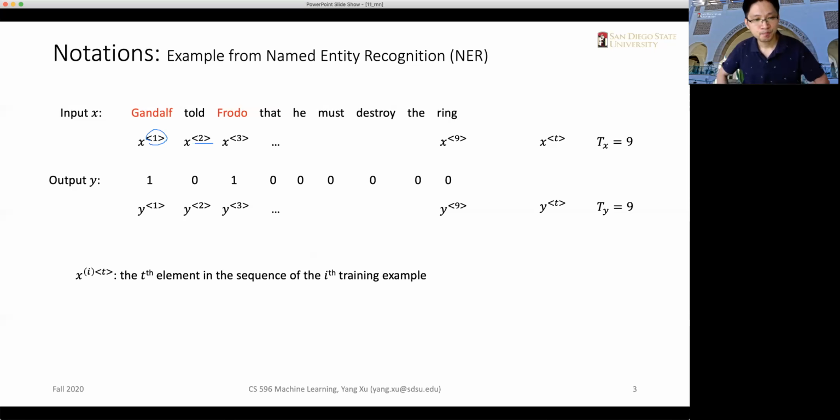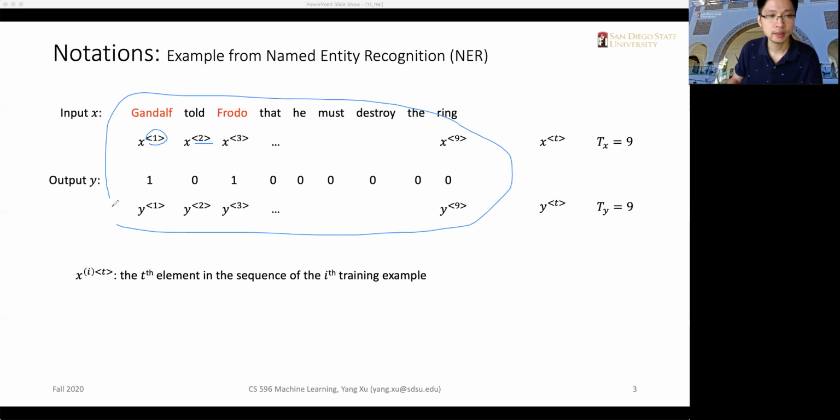Anyway, now, when we train a model, say this is our first example, right? This pair of X and Y is the first training example in our training set. And we must have multiple training examples in order to train an RNN. So we can represent the i-th training example by putting i also into the superscript, but in round brackets.